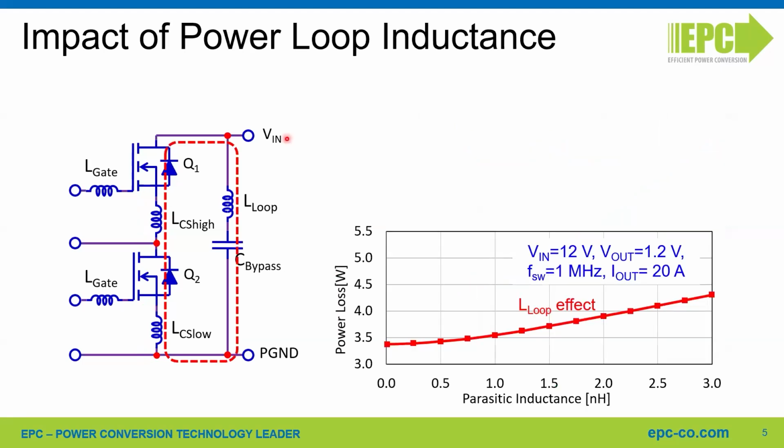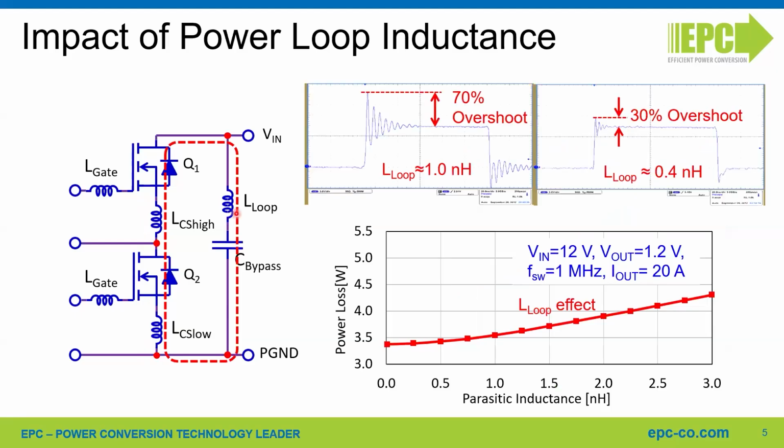Regarding the power loop inductance, the effect is to increase the ringing on the switching node. If you have 1 nanohenry of loop inductance, in this example, you can see a 70% overshoot, and this is the waveform. If you optimize the layout down to 0.4 nanohenry of inductance, the overshoot is reduced a lot, and the ringing is minimized.